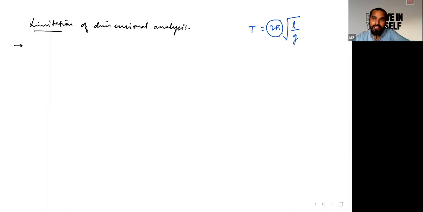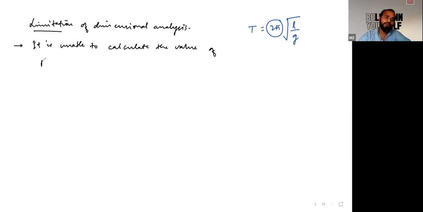So this is the limitation of dimensional analysis: it is unable to calculate the value of the proportionality constant.